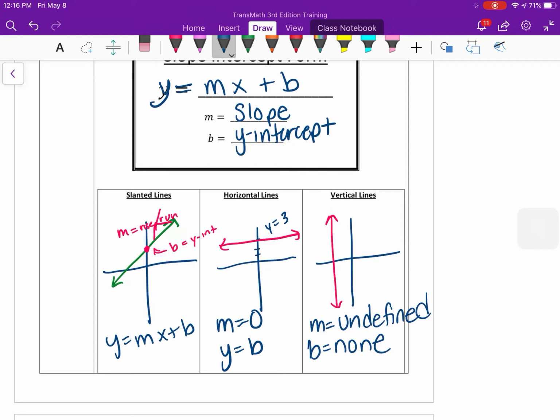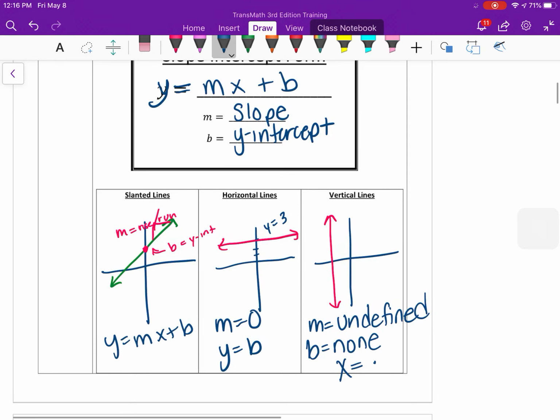So then our equations for vertical lines are x equals some number. X equals some number, we'll just call it, I guess we can't use n or m, some number a. So like in this example, x could be -3 because it's over 1, 2, 3 there.